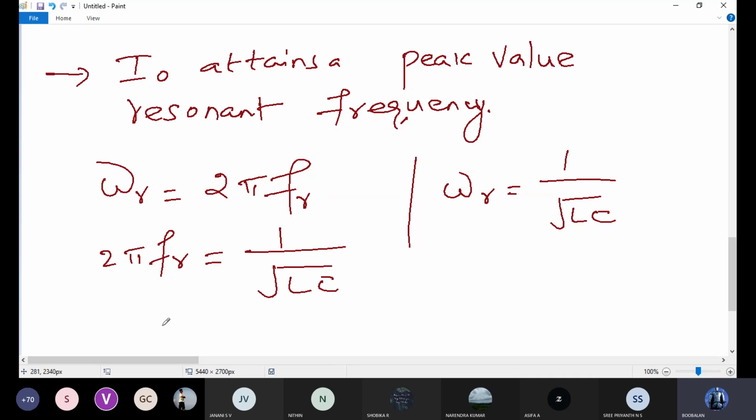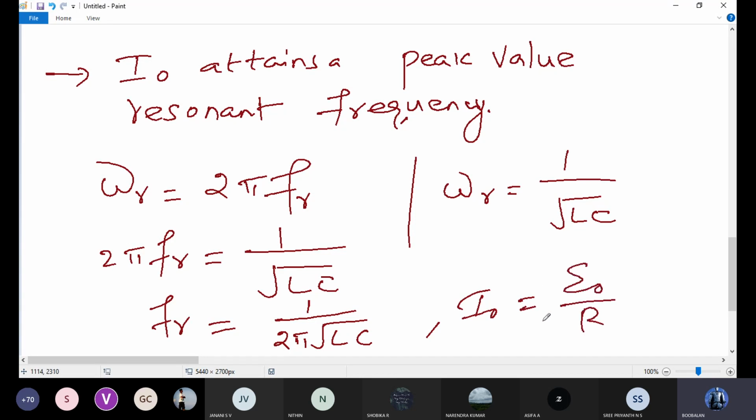I need only the value of fr, the frequency value. So frequency equals 1 by 2 pi root of LC. Next, the current amplitude: I naught equals E naught divided by R at the resonance frequency. Please take notes.